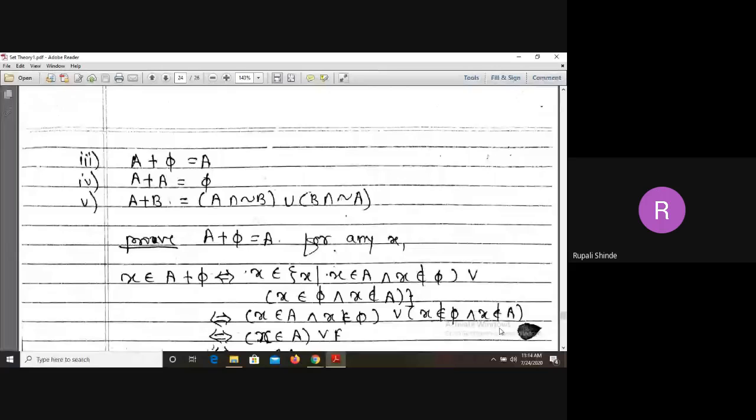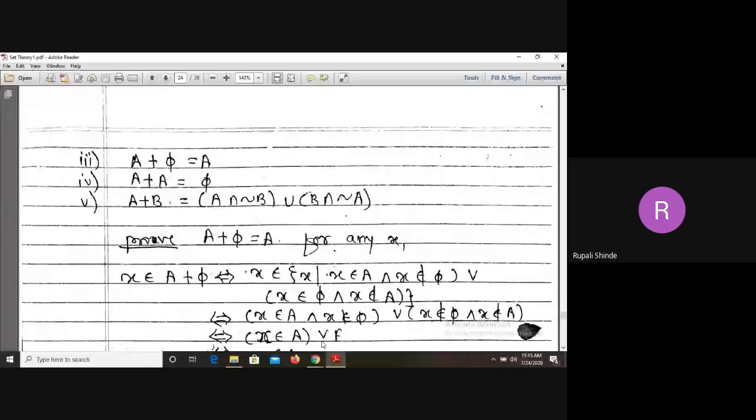First bracketचं meaning काय आता? x belongs to A and x does not belong to phi. म्हणजे काय? जो एलिमेंट A मध्ये आहे पण phi मध्ये नाहीये. आणि सेकंड ब्रॅकेटचं मिनिंग काय? phi मध्ये आहे पण A मध्ये नाहीये. असा कुठला एलिमेंट असणार आहे का जो एम्प्टी सेट मध्ये आहे पण सेट A मध्ये नाहीये? नो. Empty set means nothing will be there. So the answer for this second bracket is false.